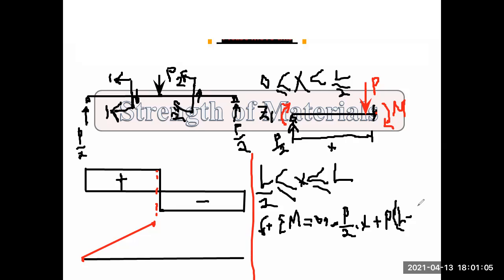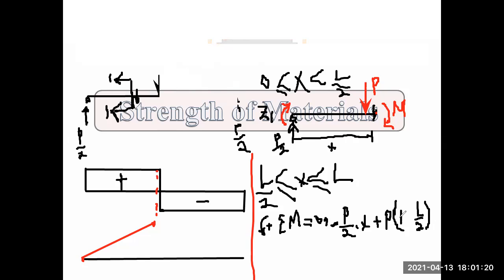So what I do is, I subtract from L over 2, because the distance is X minus L over 2. When X is equal to L over 2, the force has no role at this section.